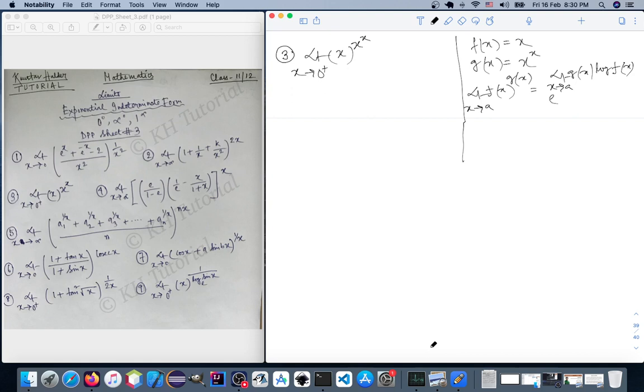This was the general formula for solving exponential limits.